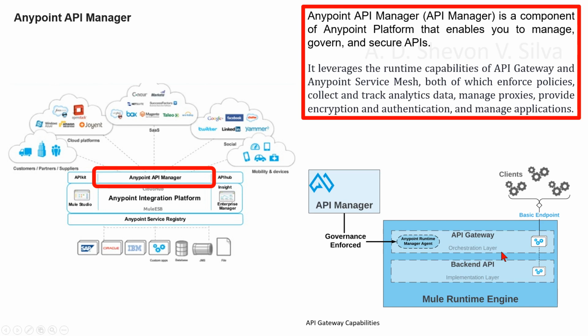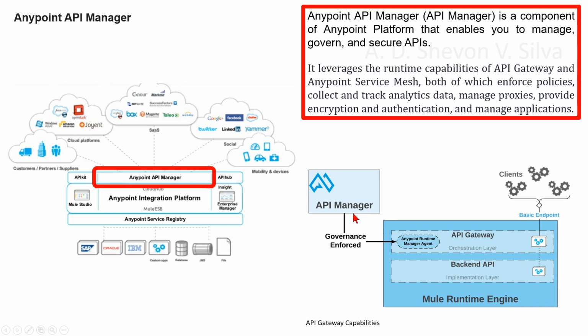You can leverage the governance capabilities of API Manager to apply, among other capabilities, throttling, security, caching, and logging to your APIs.